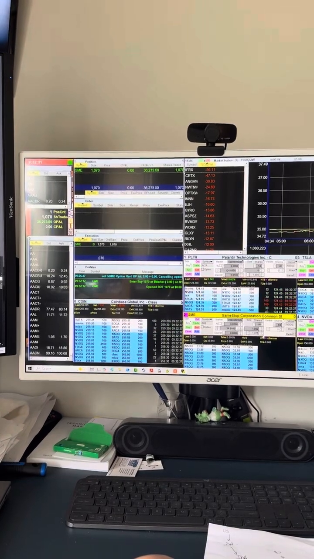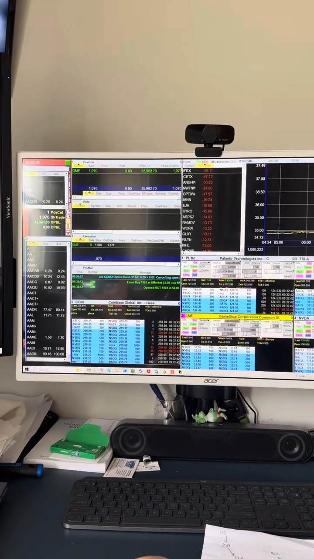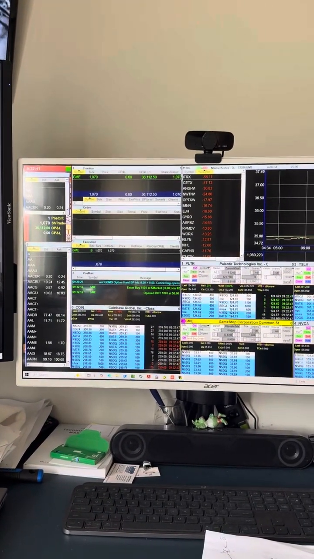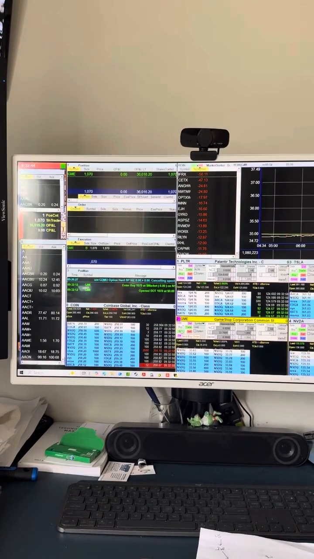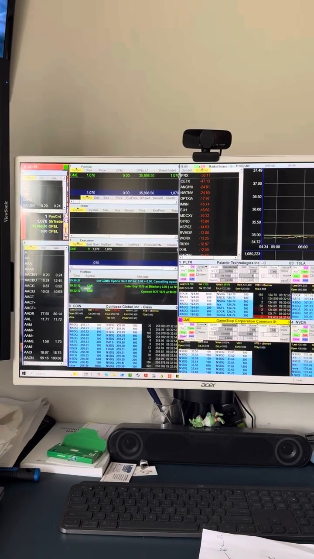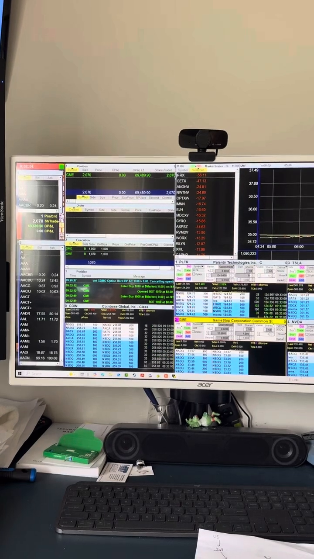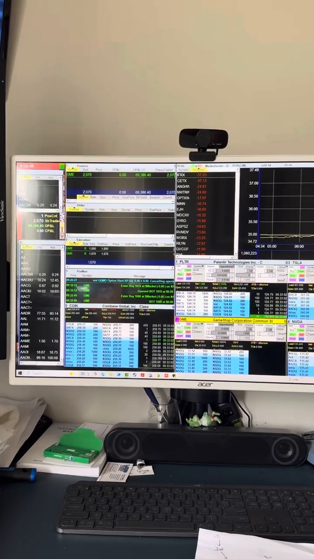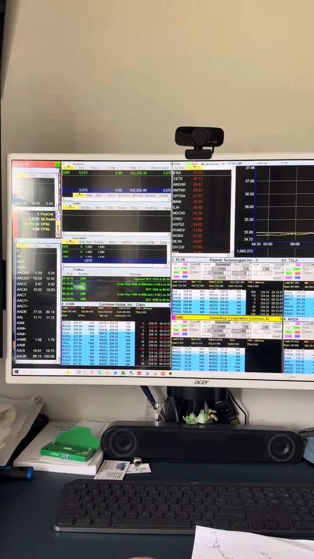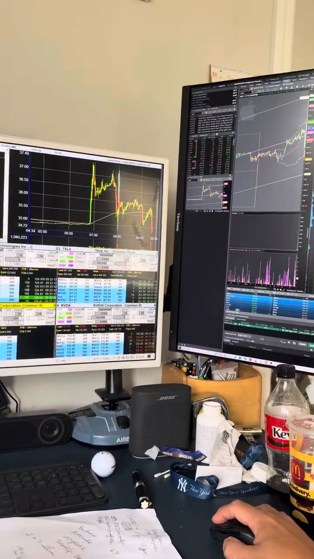Oh, it's tanking. Are you buying or are you short? I'm buying it. It's crossing down below that level where I want to buy. It's at 33.72. I just bought 500.